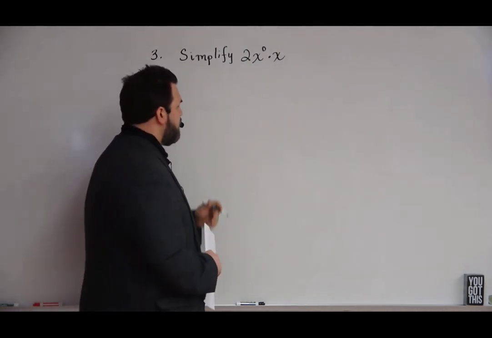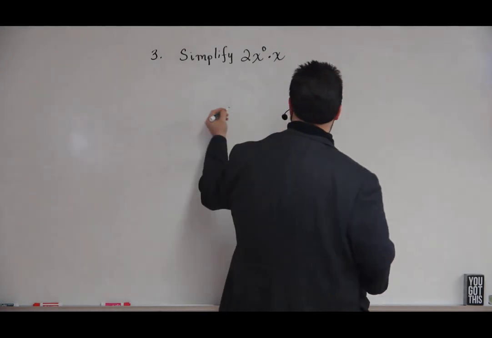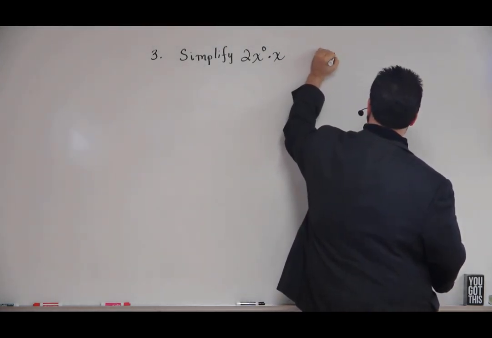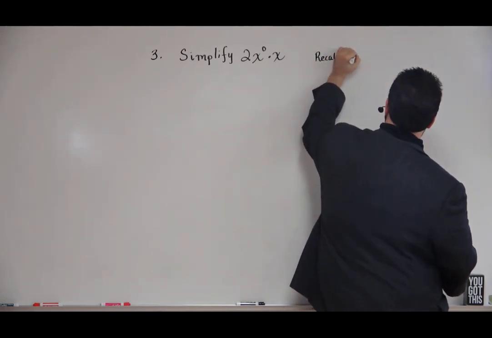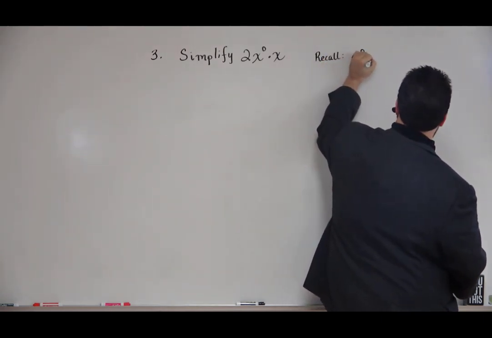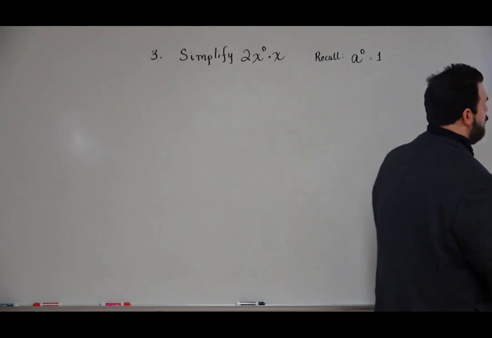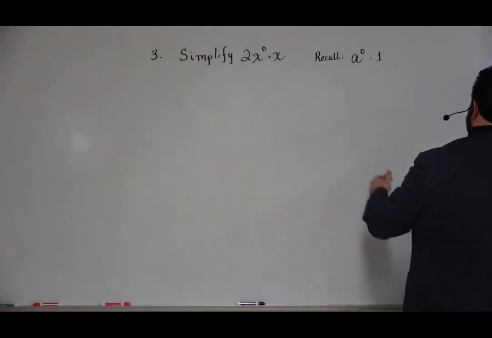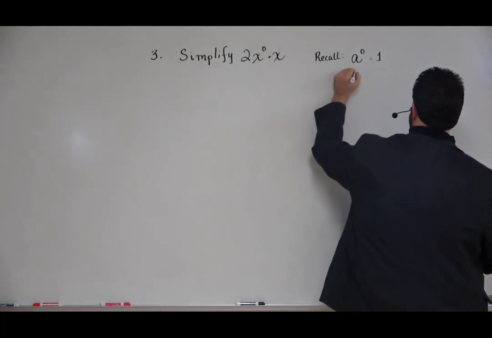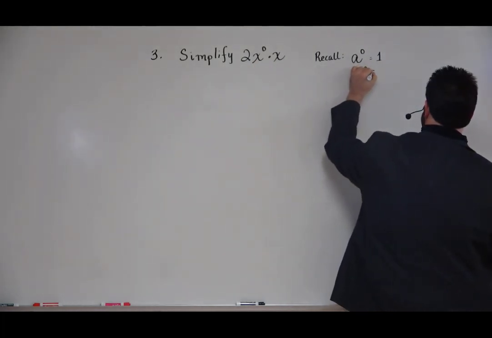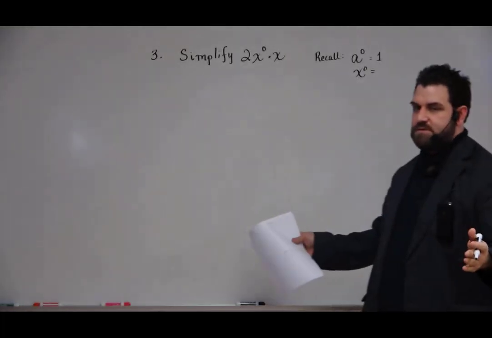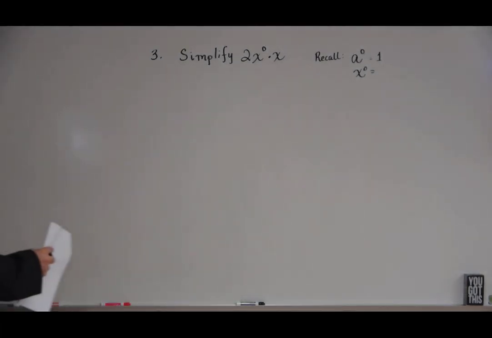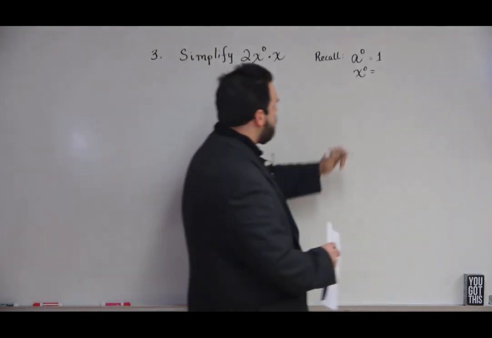So let's recall that anything raised to the power of 0 equals 1. Big brain time. If a to the power of 0 equals 1, then what about x to the power of 0? It's also 1.